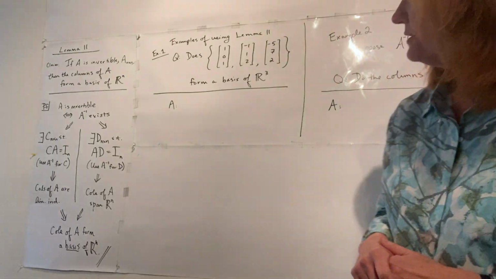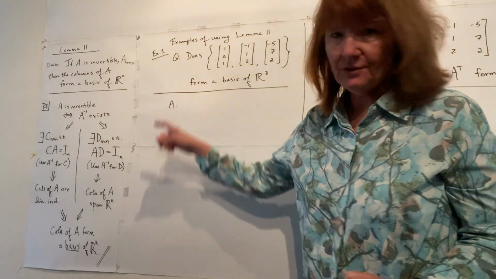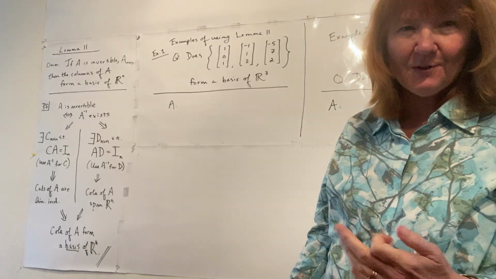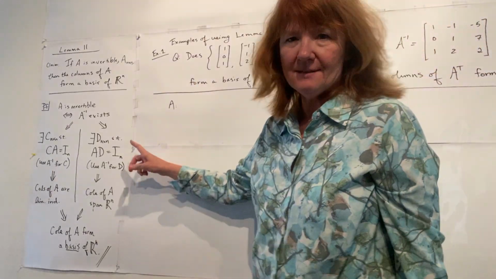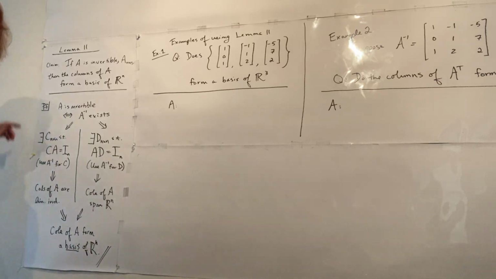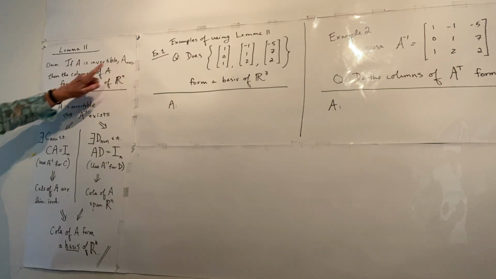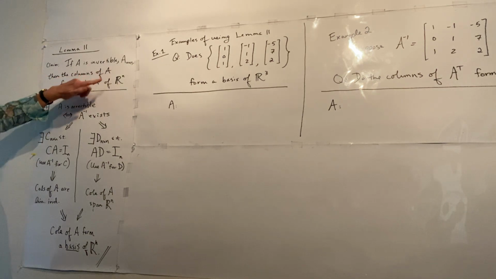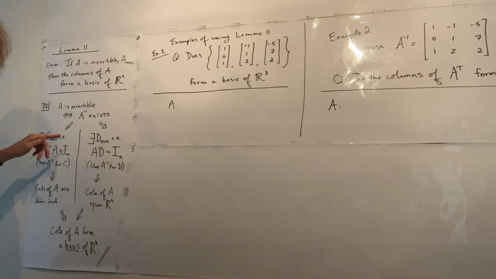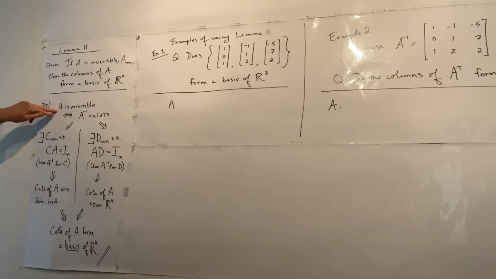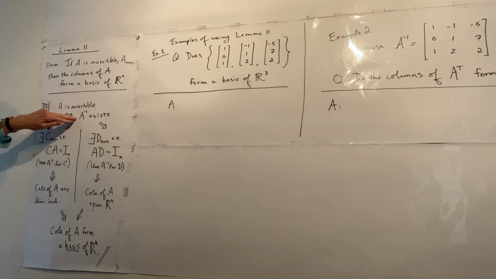Okay. So Lemma 11, so you've had lemmas 1 through 10, right? And Lemma 11 is this one: if a matrix A is squared and invertible, then its columns form a basis of Rn. So we start off by assuming that A is invertible, so that means A inverse exists.